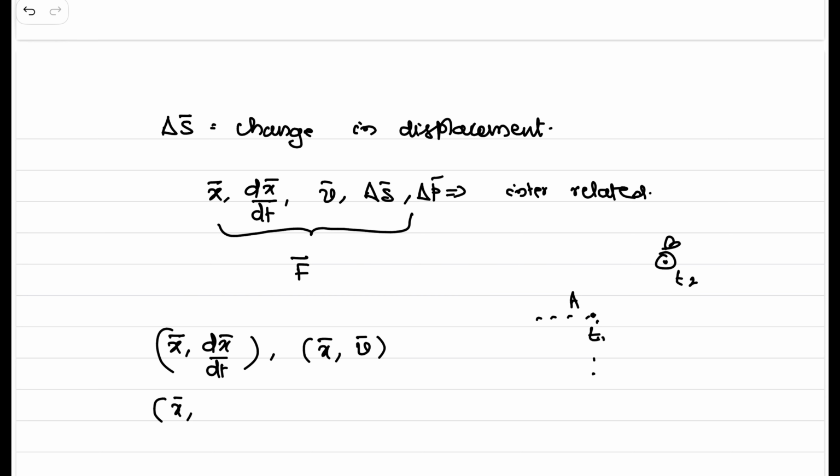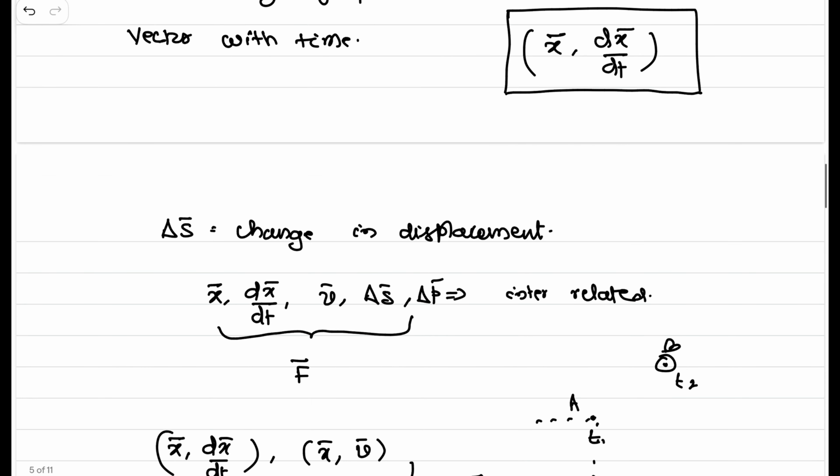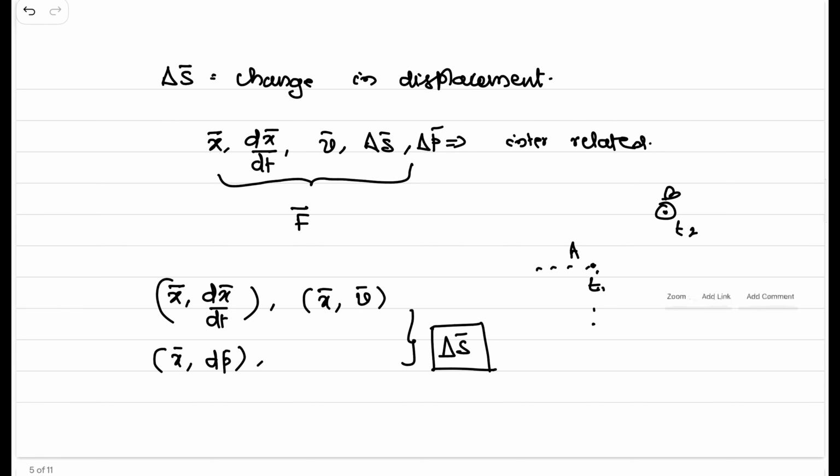and dp. From this we can know displacement. This A to B is the displacement. This displacement is caused by the changes in the position vector or velocity vector or rate of change of position vector or momentum vector.